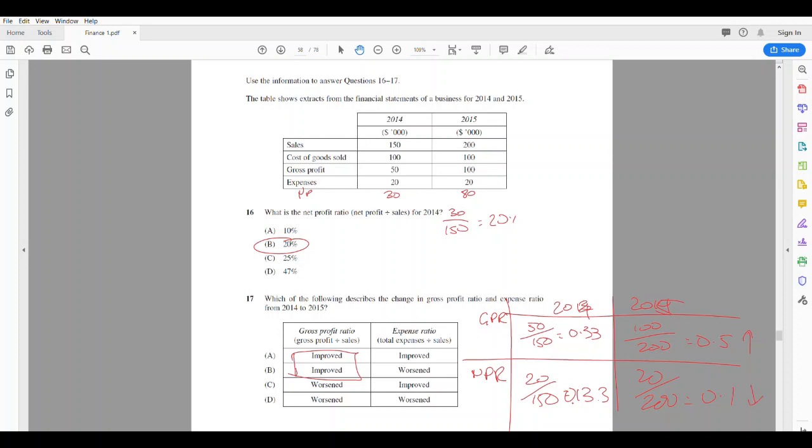Okay, so what we do want to really emphasize is for gross profit ratio, higher is better. We're making more money on our gross profit. For expenses ratio, conversely, lower is better.